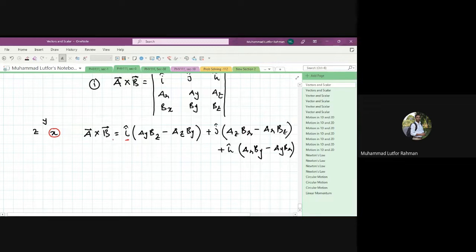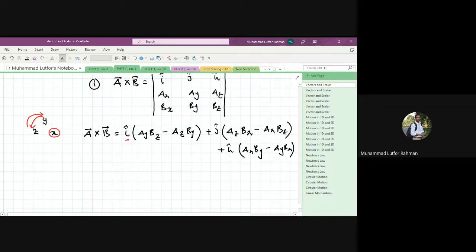Then I'll write the y component of the first vector times the z component of the second vector, in that way ay bz minus az by. It's a back and forth relation, because I know that counterclockwise is positive and clockwise is negative, so that's why it's a minus sign over here.